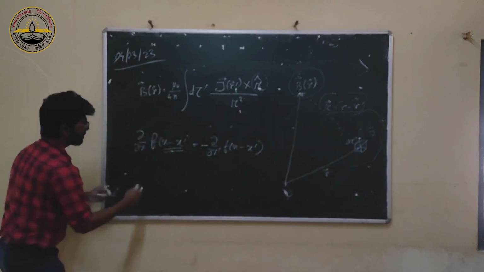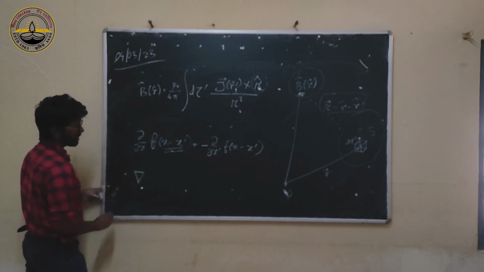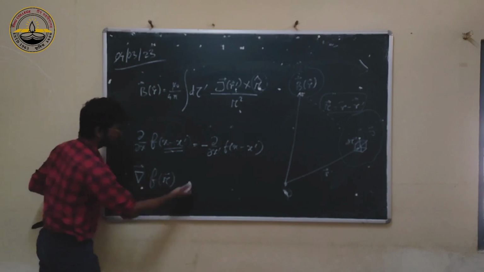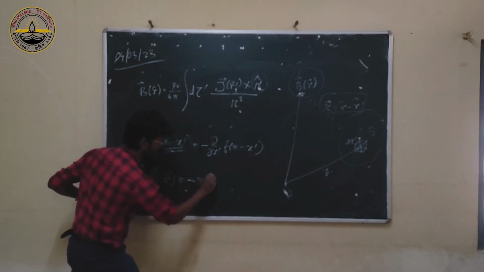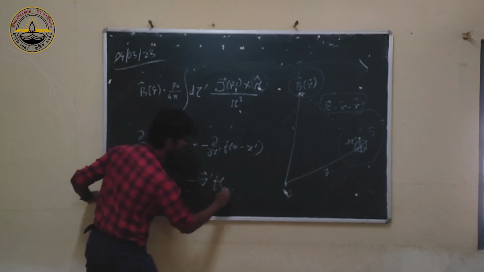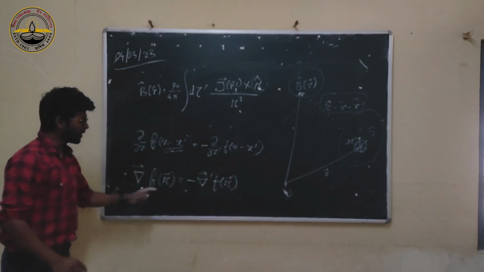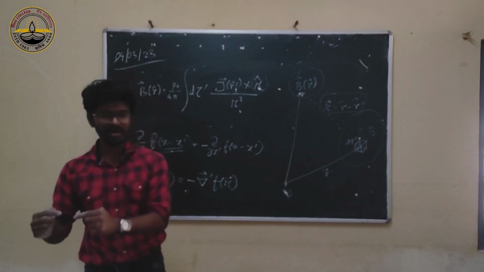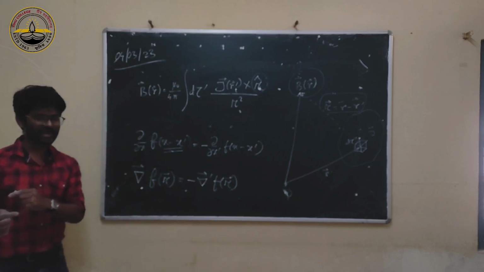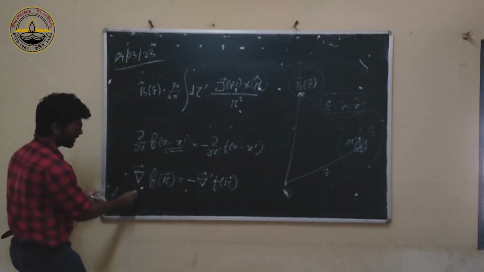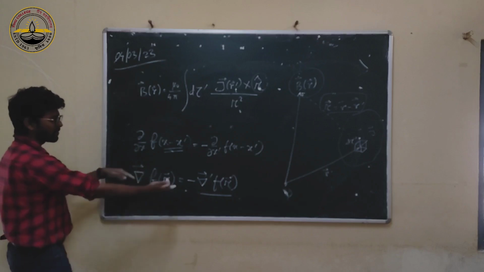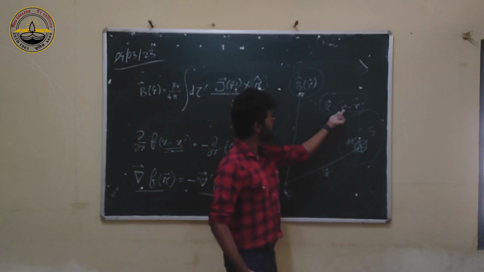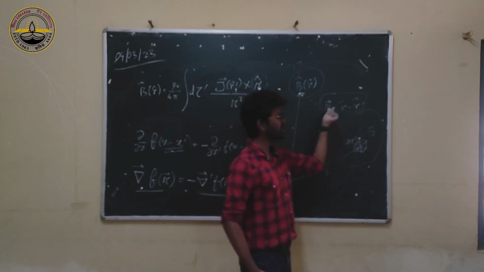So the equivalence statement is: when you apply this del on some function of r vector, then similarly I can write del prime on the same function of r, where del prime is x cap del x prime, del y prime, del z prime. It will be useful later. We can convert this, and instead of acting on this, it will act on that, with a minus sign.